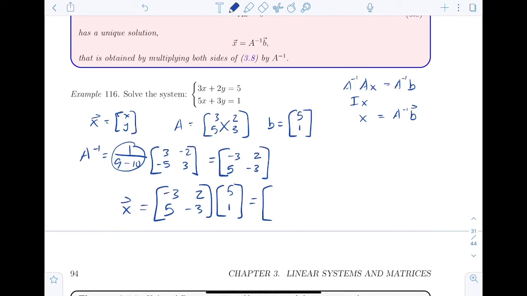Negative 15 plus 2 is negative 13. 5 times 5 is 25 minus 3 is 22, and I'm done. There is the solution. So X equals negative 13 and Y equals 22. Is that particularly efficient? Well, I don't know, maybe not. But there is a time and a place to need something like this. Okay?